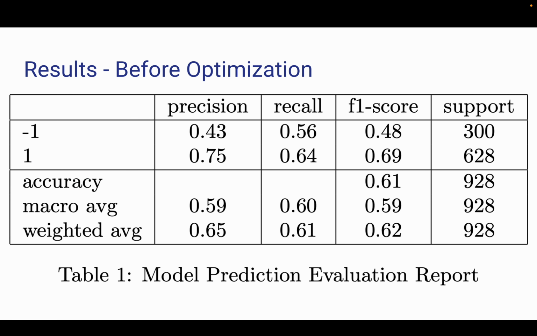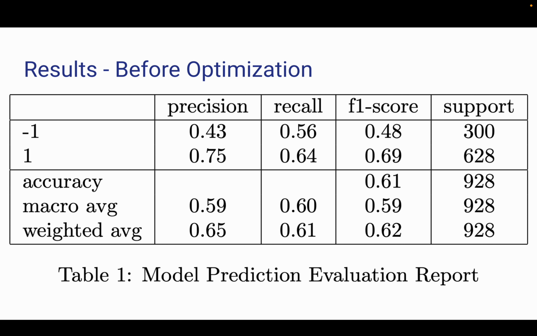Let's look at the results before optimization. The model achieved 61% accuracy on predicting next day movement. Breaking this down further, we see the model had higher precision for upward movement at 75%, meaning when it predicted an upward trend, it was correct 75% of the time.